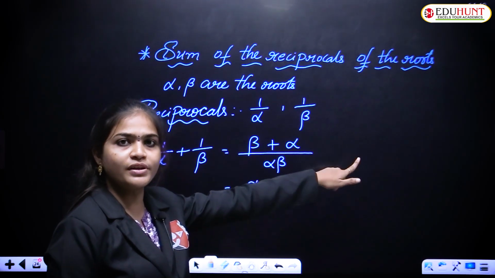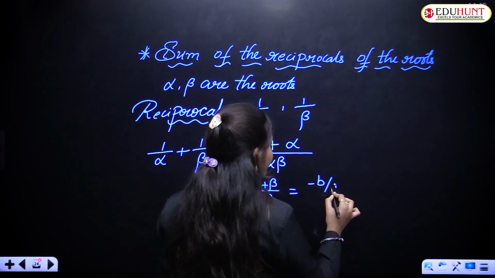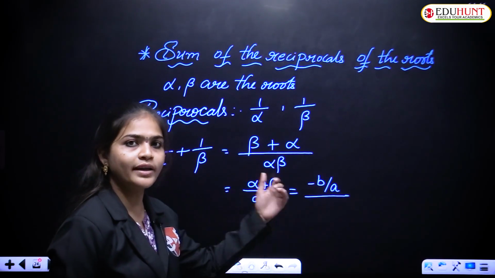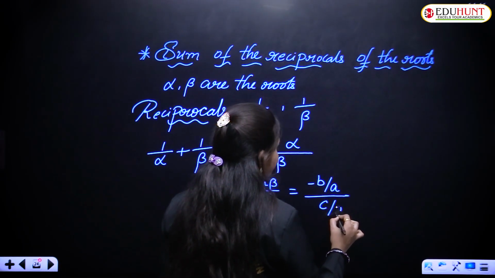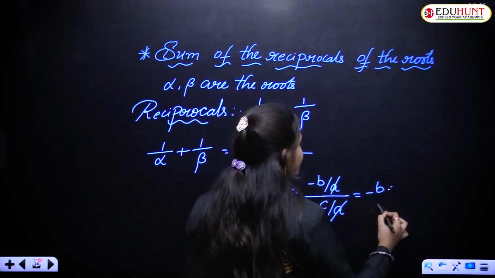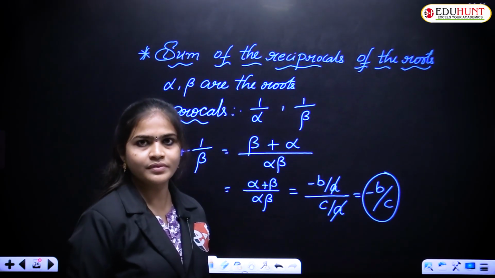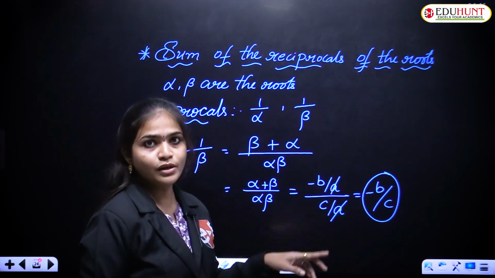Already we know the formula for that, sum of the roots. So sum of the roots is minus b by a by alpha into beta, which means here product of the roots. So product of the roots formula is c by a. Okay, so here a and a gets cancelled, so minus b by c. Minus b by c. Understand, ma?